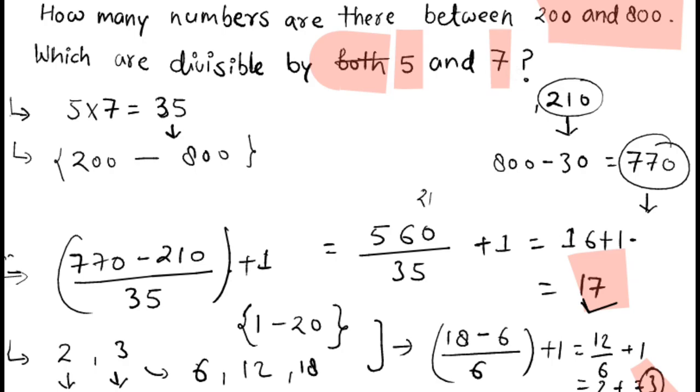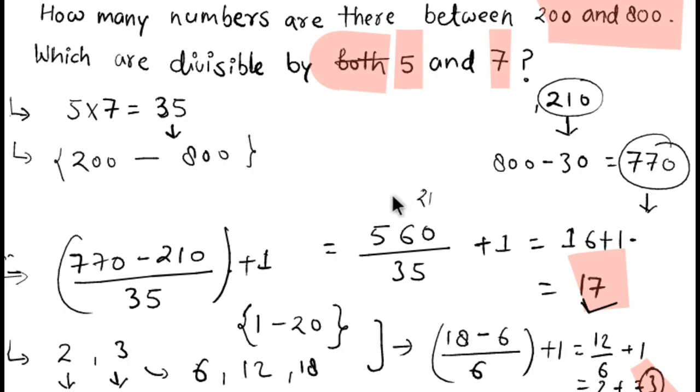I also add one extra question in this particular question. If the question asked for numbers divisible by 5 or 7, this time not both, it means we have to find the numbers between 200 and 800 which are divisible by 5 or 7.